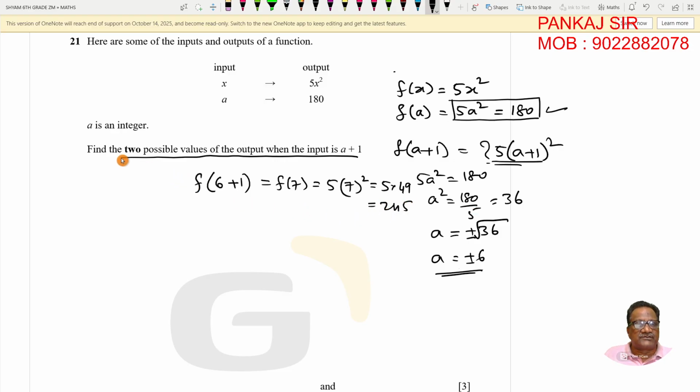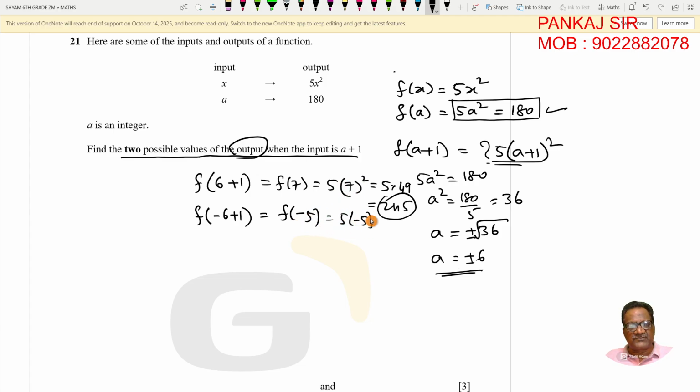Okay. So you have to find out two possible values of the output. Okay. So one of the outputs I got as 245. There can be one more output when the a value is minus 6. So minus 6 plus 1. This will be f of minus 5. Okay. This will be equal to 5 times minus 5 squared. So this will be 5 times 25. And 5 times 25 is 125.